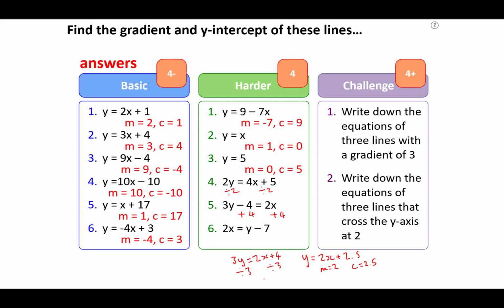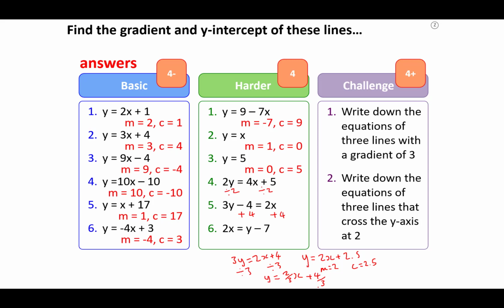So that becomes 2 over 3x plus 4 over 3. So m is 2 over 3 here, and c is 4 over 3.